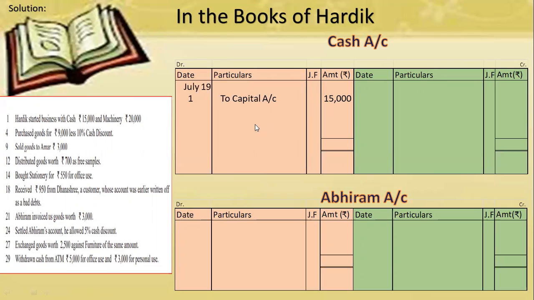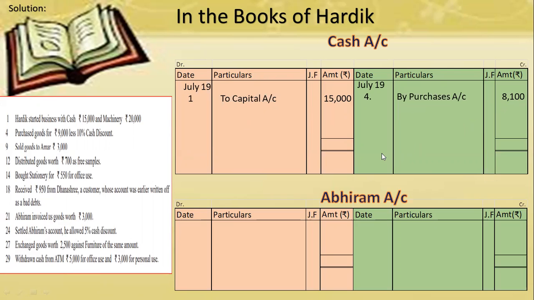The journal entry of this transaction is taken as purchases account debit to cash account 8,100, deducting the cash discount given. Then posted to cash account credit side as purchases rupees 8,100.